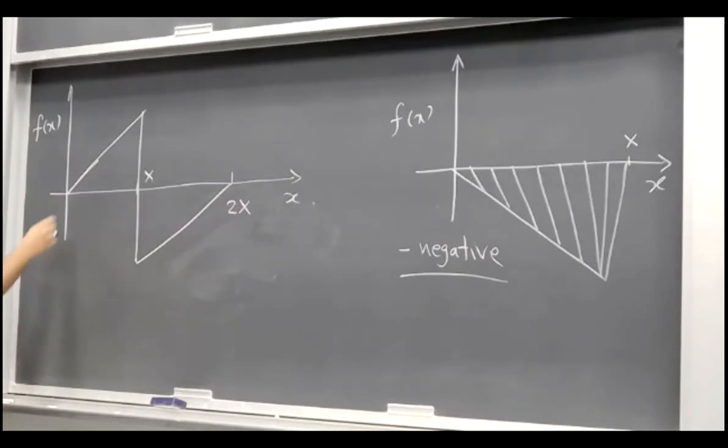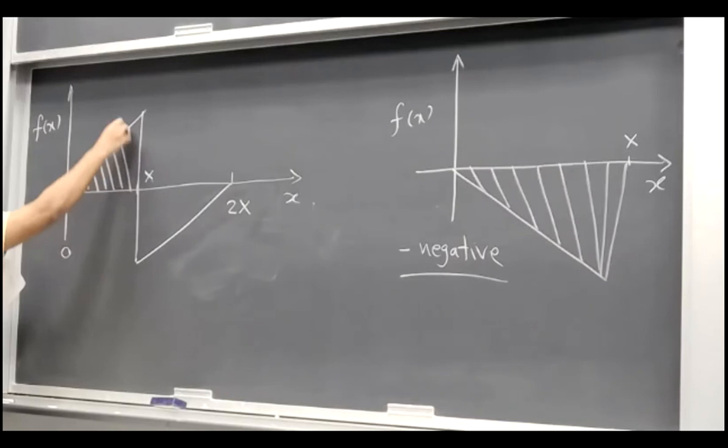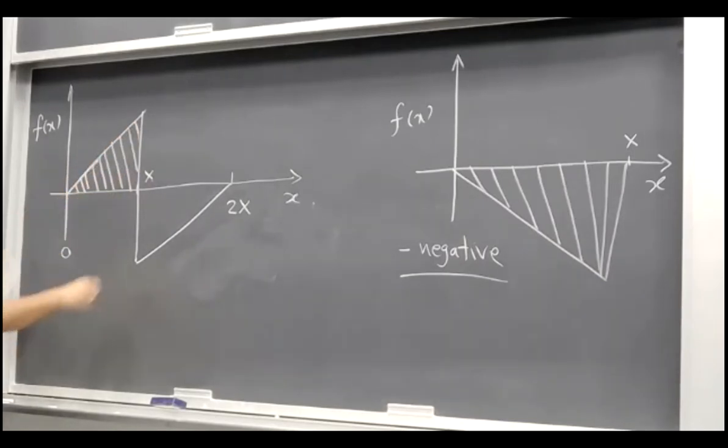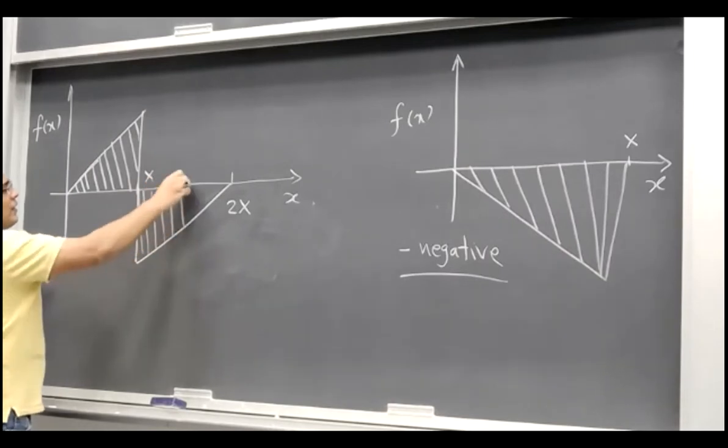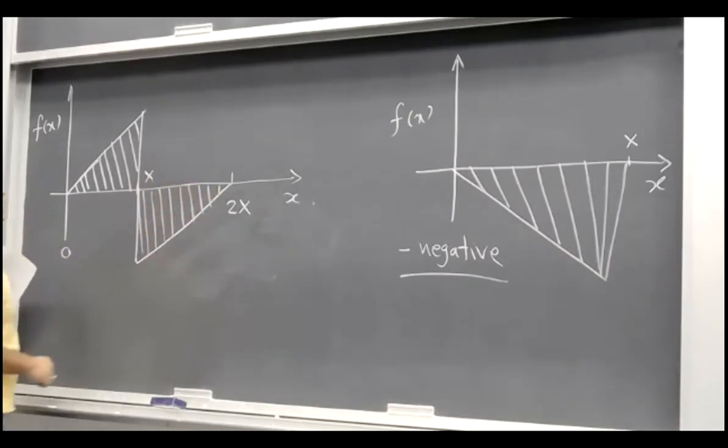And now we have to find the integral of this curve from 0 to 2x. All right. So what I need to do is I can split it, and I have to find these two areas, area of this triangle and area of this triangle.